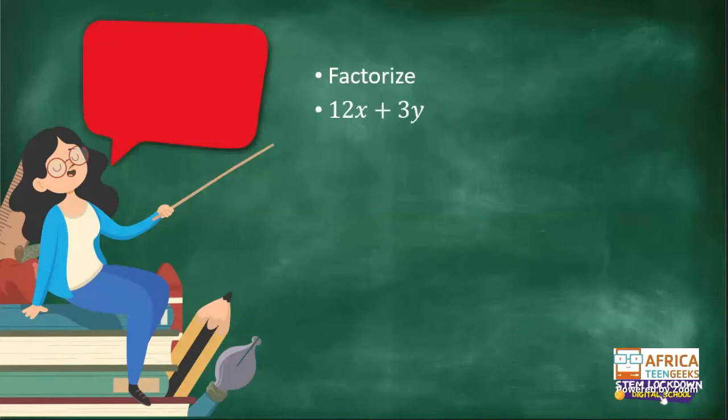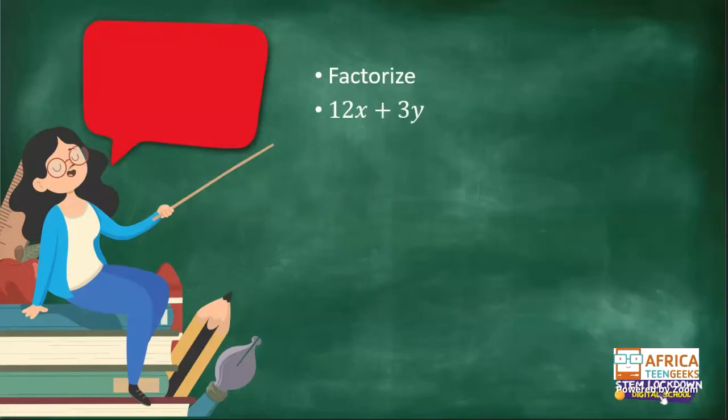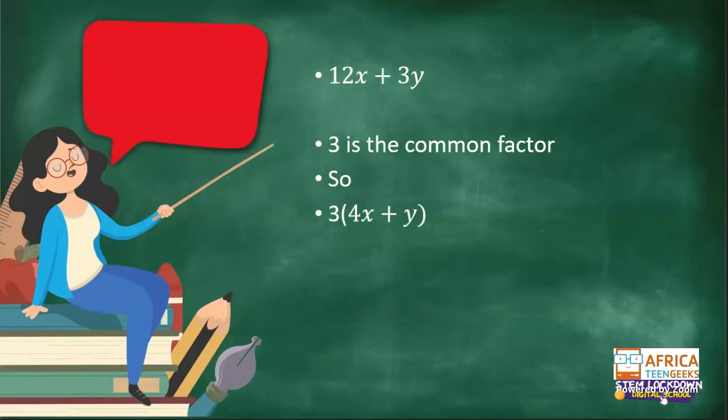That number is 3. All right. So once you take it out, you will be left with 4x plus y in the bracket. So 3 is the common factor. Therefore, you take out the common factor, and this will be 3 into 4x plus y.